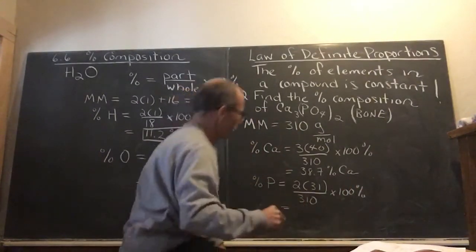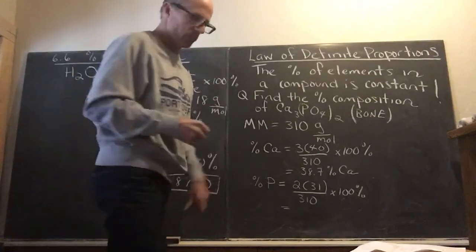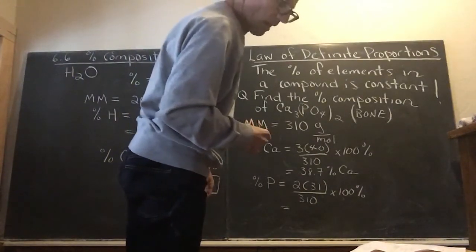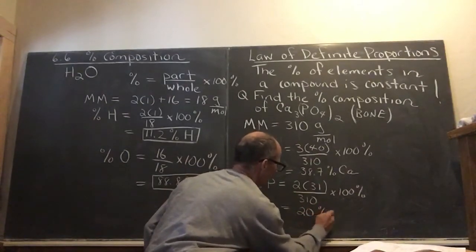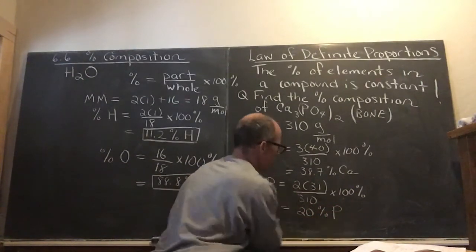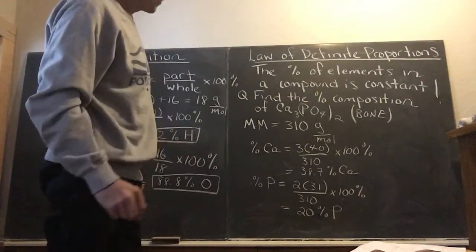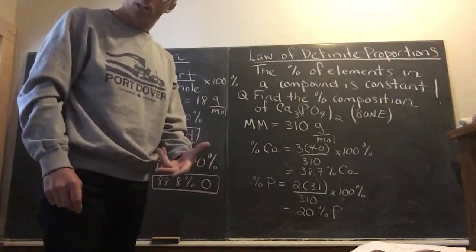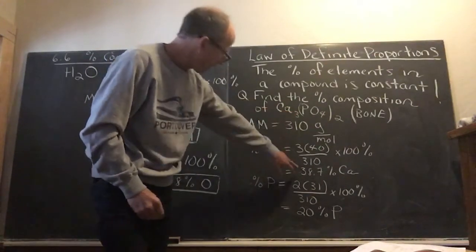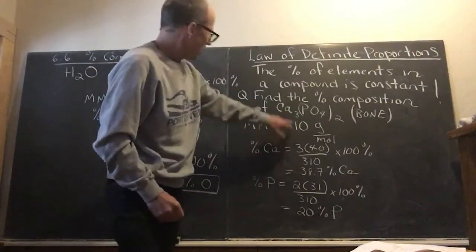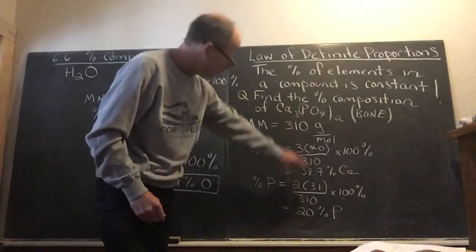And you can see that this number is a little less than the calcium was. Again, I've done the math. It is about 20% phosphorus by mass. So now we've taken care of 2 of the 3 elements in calcium phosphate. There's the calcium taken care of at 38.7 and the phosphorus taken care of at about 20.